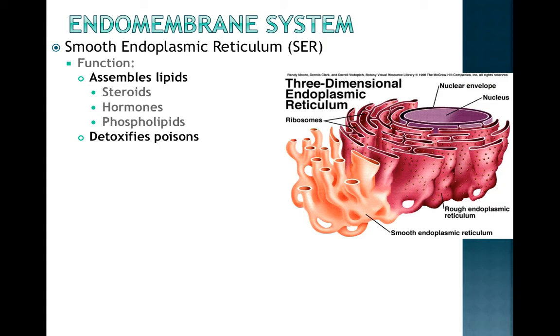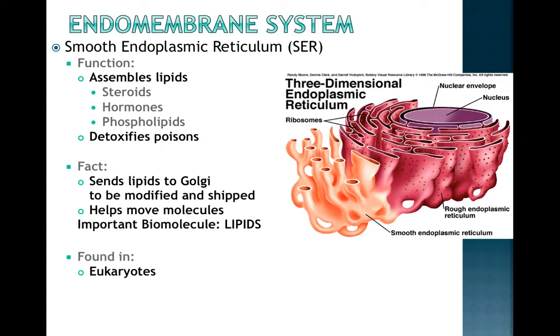Like, that's one of the functions of that organelle inside of you, is that it's going to filter your blood and take those poisons, like medicine, because technically medicine's not supposed to be in your body. It needs to get broken down or metabolized, and it's going to happen in that smooth ER. So the liver cells actually have lots of smooth ER compared to like a muscle cell, which doesn't really need them.